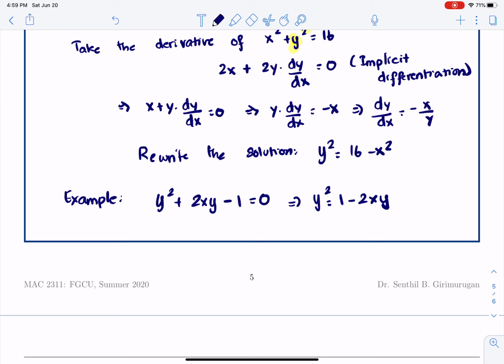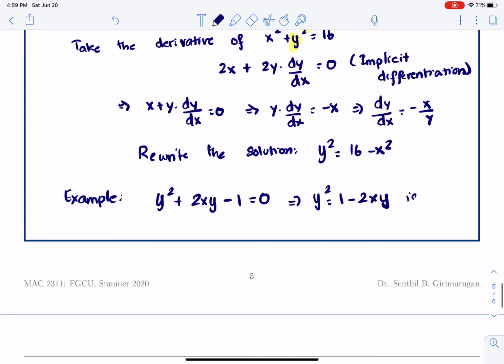So that solution is an implicit solution. And oftentimes you could take an implicit solution and rewrite it so that the implicit solution ends up becoming an explicit solution under certain conditions. It is feasible.